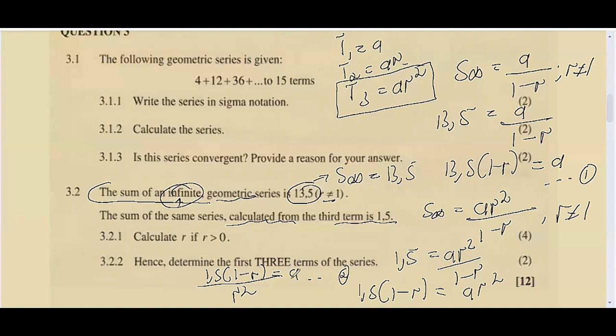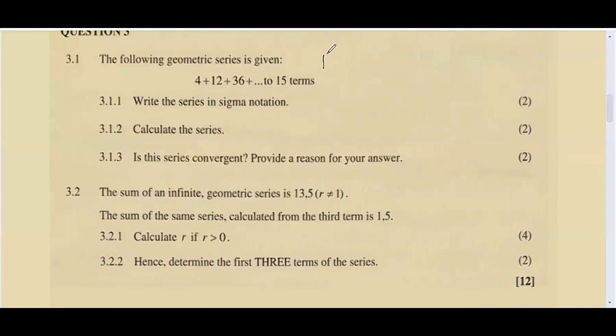Now we can see that equation number 1 and equation number 2 are both expressed in terms of a. That means we can just equate equation number 1 and equation number 2, right? So equating those, let's see. Let's try to erase here. So we have 13.5 times 1 minus r is equal to a. We said this is equation number 1.